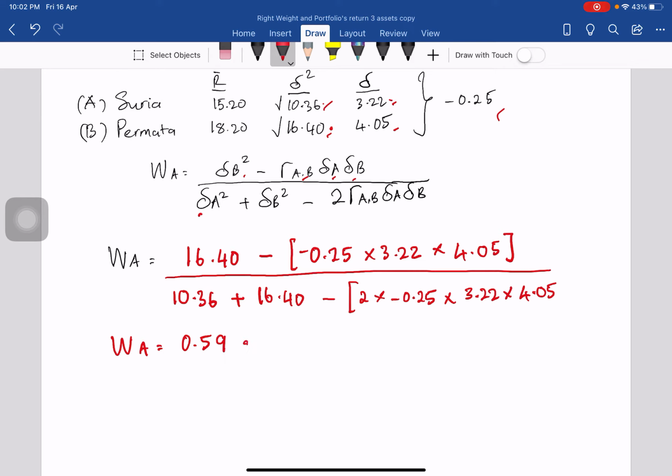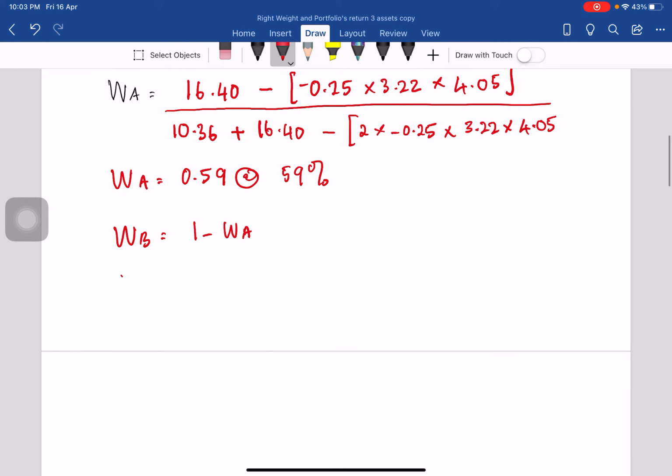Or we can round it directly to 59% here. Alright, and then to get the weight B, it is equal to 1 minus weight A. So weight B is equal to 1 minus 0.59, which is 0.41 or 41%.